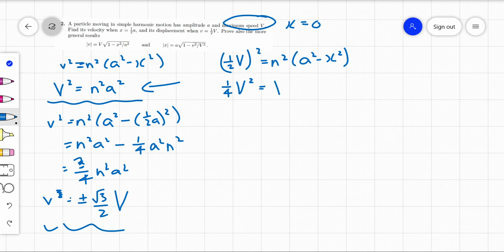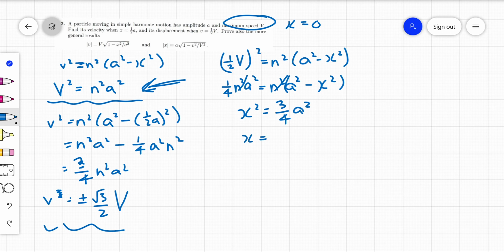The n squared a squared terms cancel. If I make x squared the subject, I get 1 minus a quarter, so 3/4 a squared.